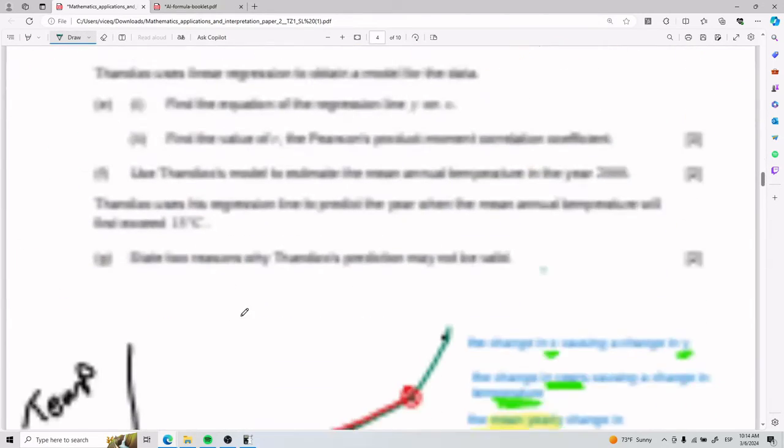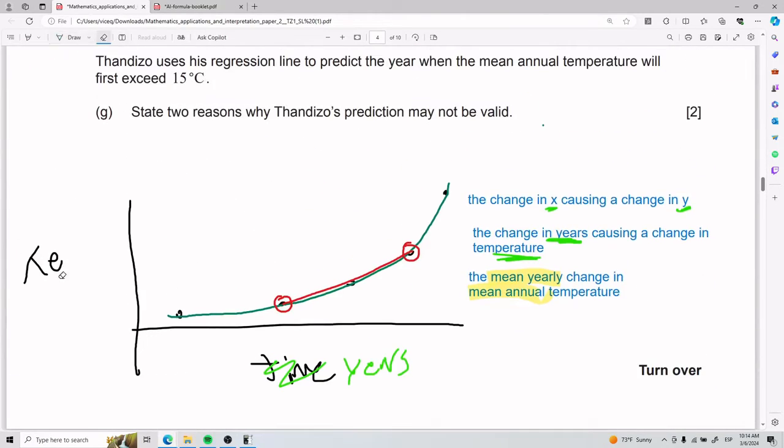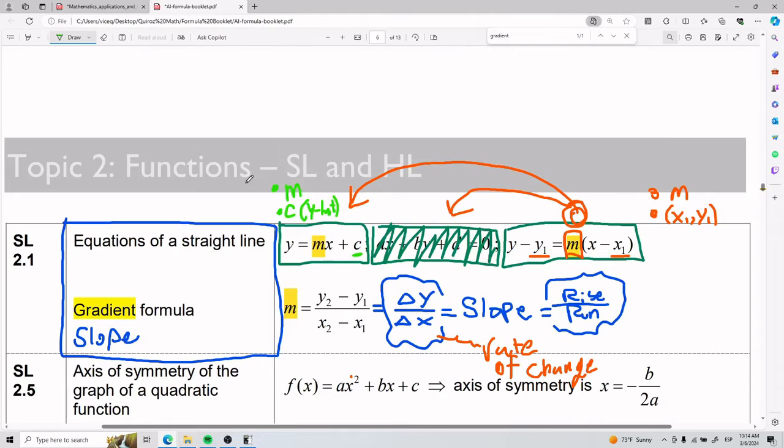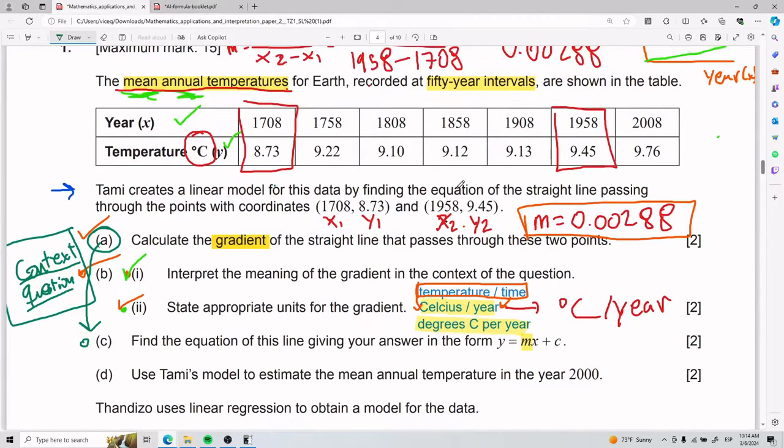Okay, so let me make some space down here. As I said, my equation, from the formula booklet, is y minus y1 equals m parentheses x minus x1. Which point am I going to use? Doesn't matter, you pick. I'm going to use this one; you can use the other one.